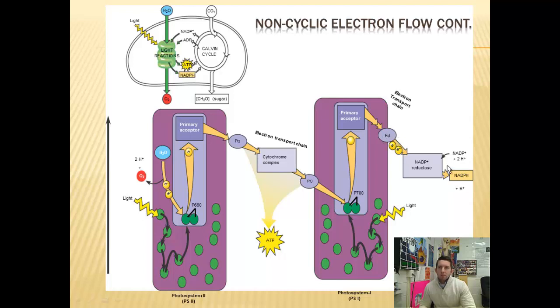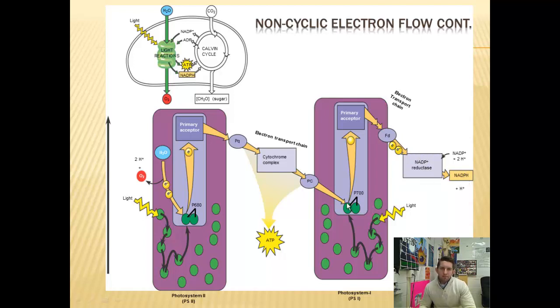Ferredoxin passes those electrons. It reduces NADP+, a coenzyme. It's kind of a distant relative of B vitamins. It passes that electron to NADP to make NADPH plus H. Actually, it's 2 electrons. But that process is sped up by the enzyme NADP reductase. So now we have NADPH.